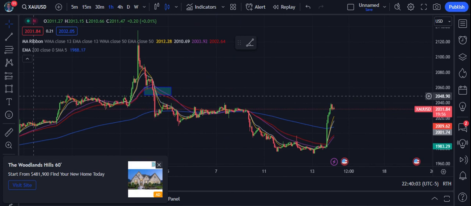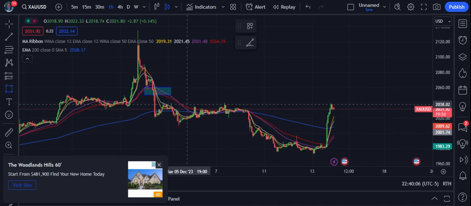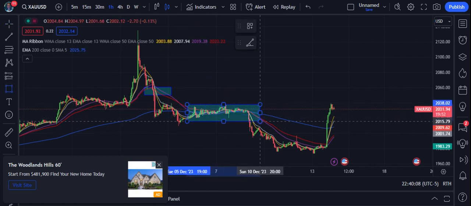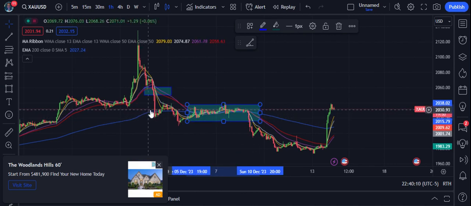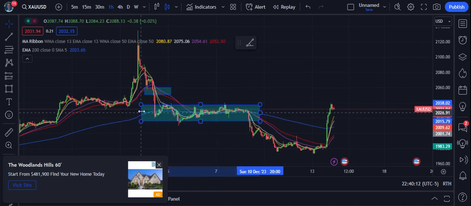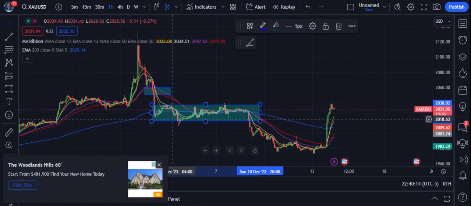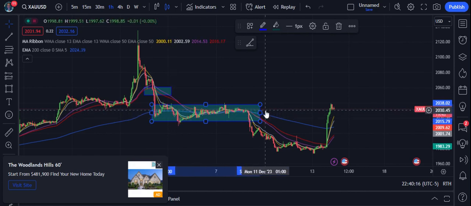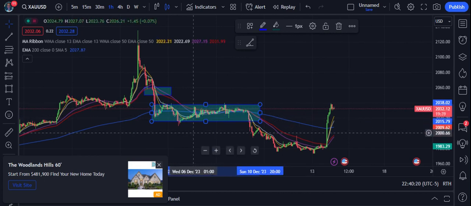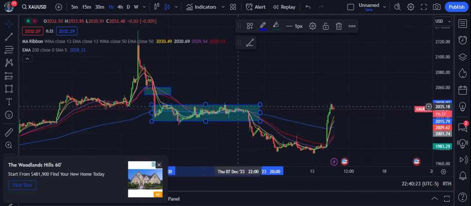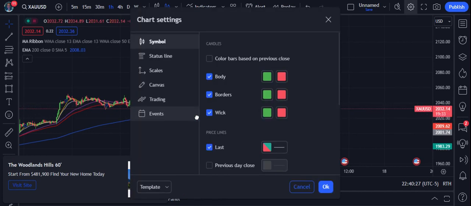I would not trade within this zone here because I noticed the moving average is in a straight line. In this area, the 200 moving average, which is the 200 EMA, is moving in a straight line. I can make this clear for you guys so that y'all can see it more clearly.